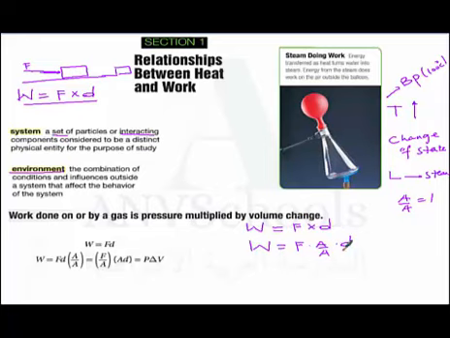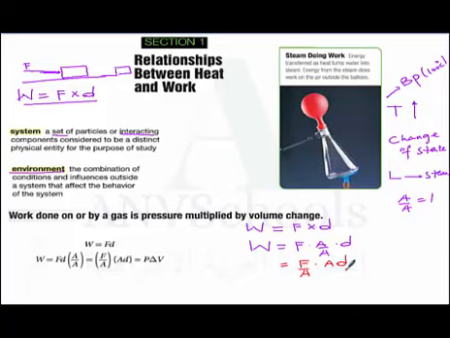One times a number is the number itself, so multiplying by the ratio of two same numbers will not affect the equation. It will remain the same. Now I can rewrite this as force divided by area multiplied by A times D.